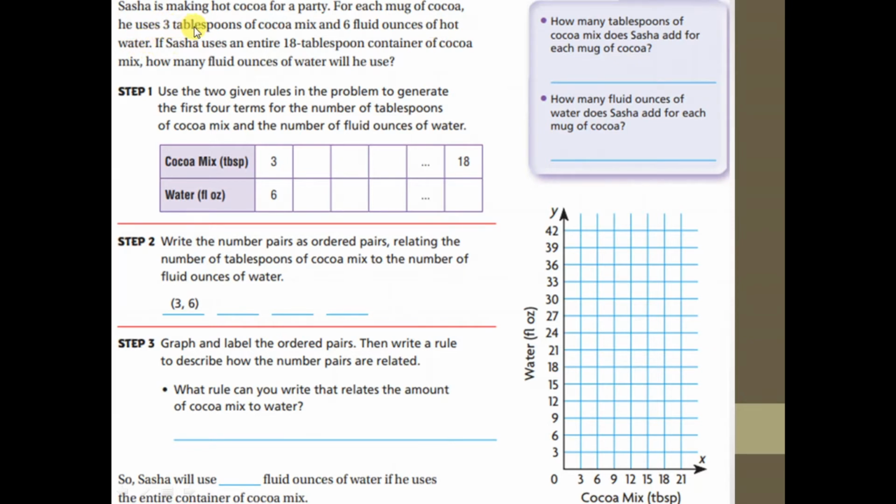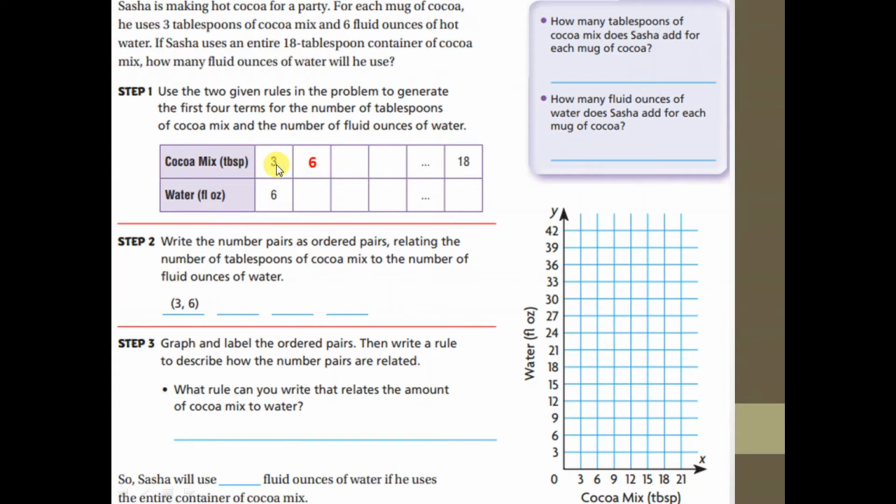The amount of cocoa in each mug is adding by 3, which means skip counting by 3, and the amount of hot water in each mug is 6, so we skip count by 6. So now we will find the sequence of each pattern.